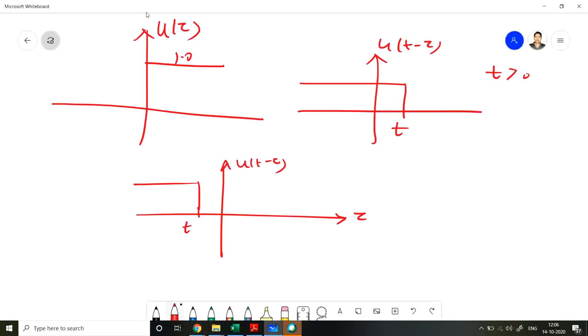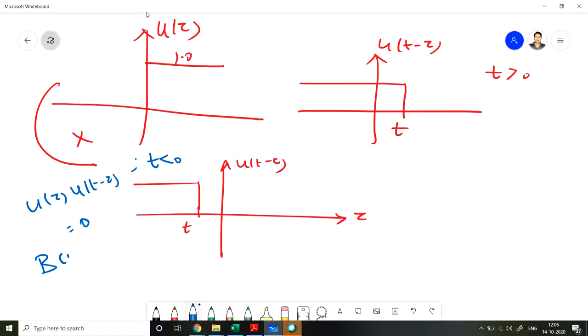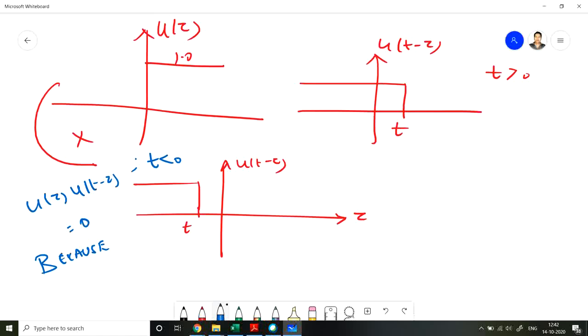Now if we find the product of u(tau) multiplied by u(t minus tau) for t less than 0, then obviously the product is equal to 0, because they are not overlapping.